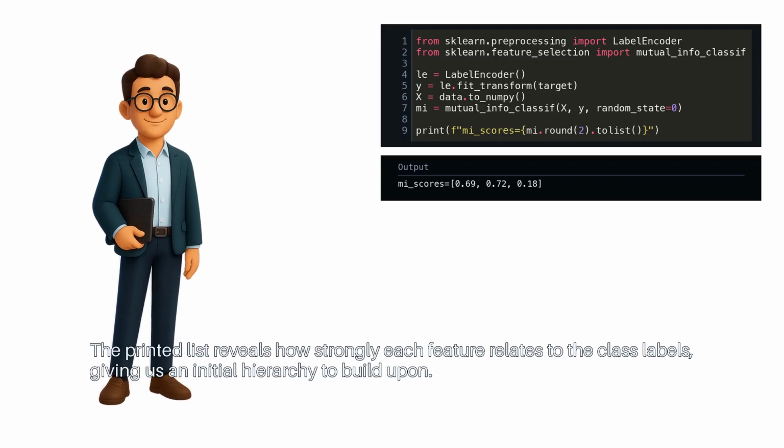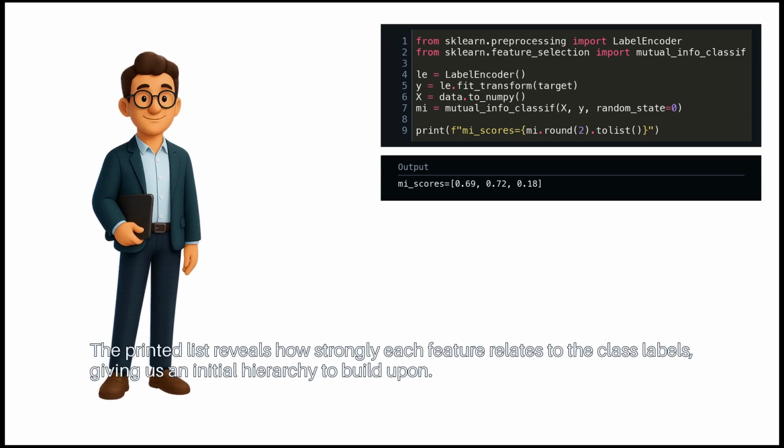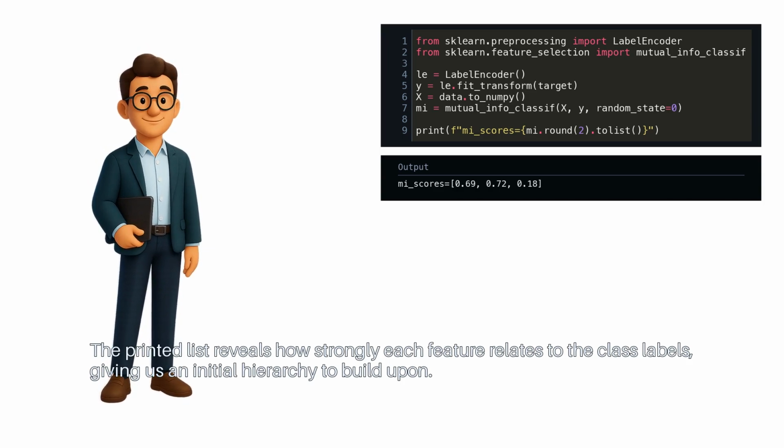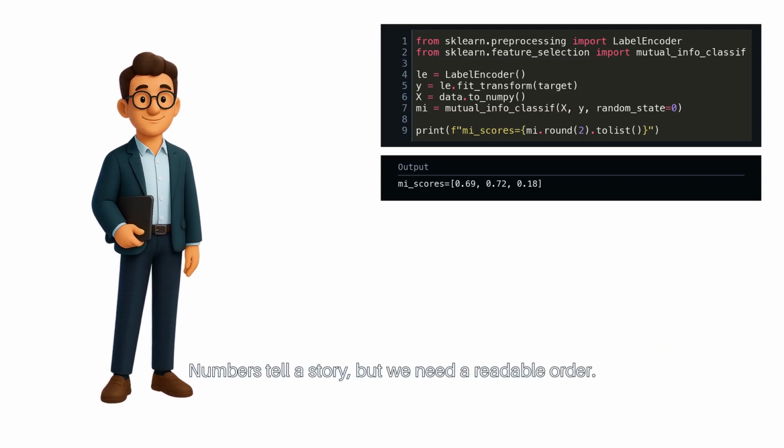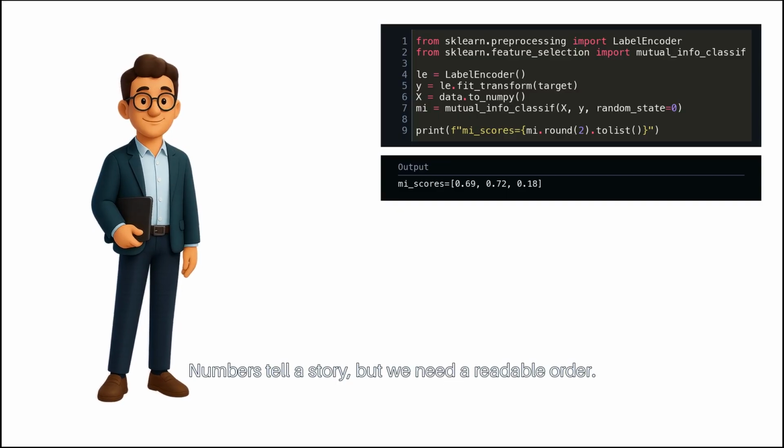The printed list reveals how strongly each feature relates to the class labels, giving us an initial hierarchy to build upon.